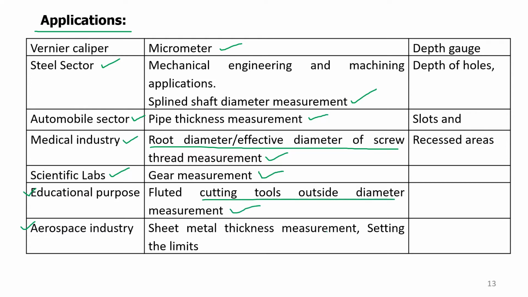Sheet metal thickness can be measured, and you can also set the size limits of components on the limit gauge micrometer. And depth gauge applications include measuring the depth of holes, slots and recessed areas.